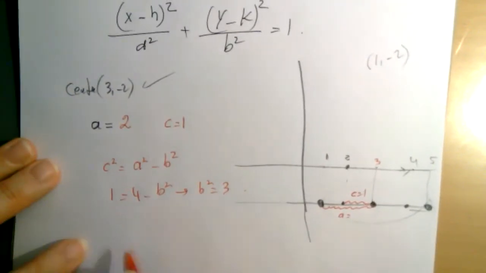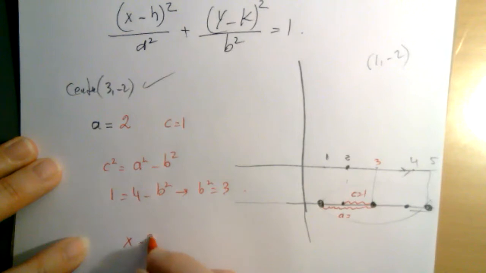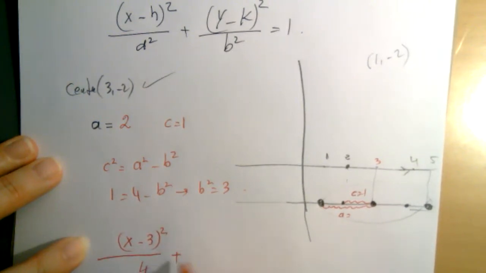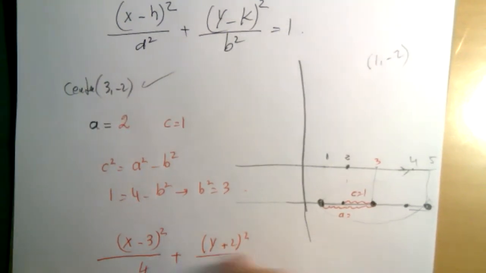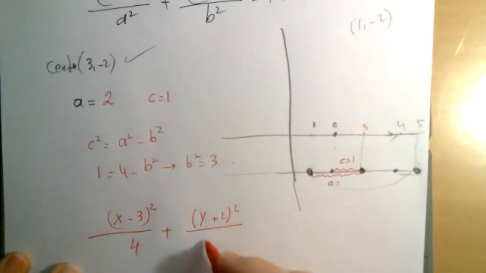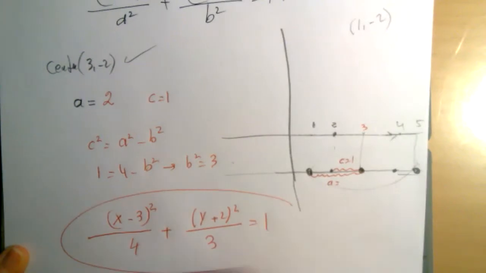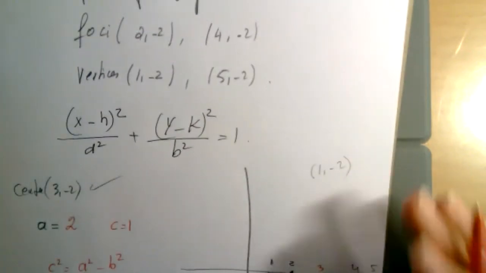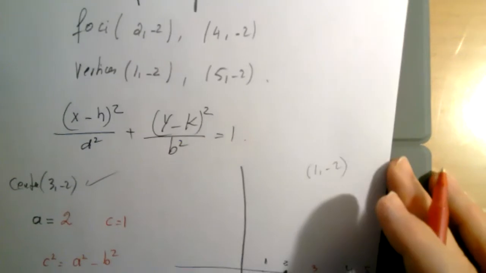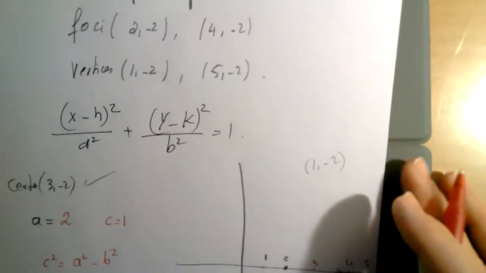Now I put the whole thing together, which gives me (x minus 3) squared over 4 plus (y minus k) squared over 3 equals 1. So basically, fairly simple, as long as you understand the picture geometrically, you can answer all those questions.